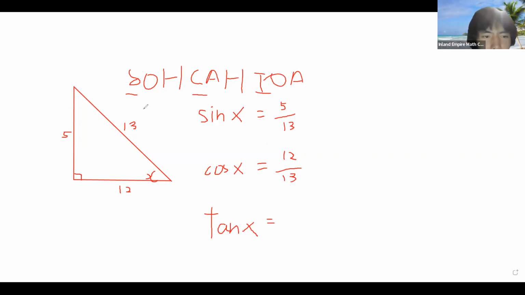Also remember that the hypotenuse is always opposite the right angle, right? So in this case, 13 is the hypotenuse. And here's the desired angle. What side length is opposite x, Joyce? What's the side length that's directly opposite of x?